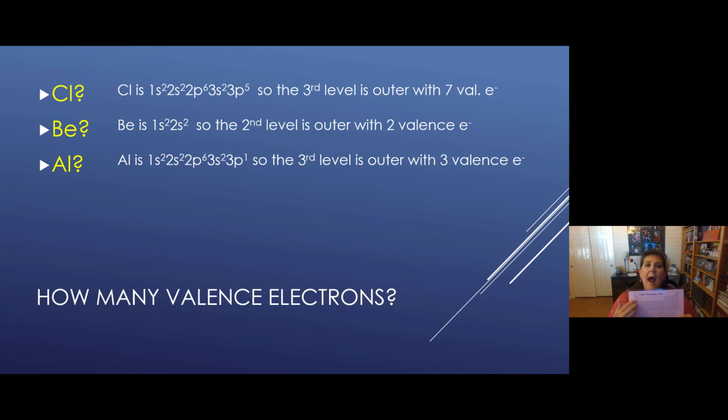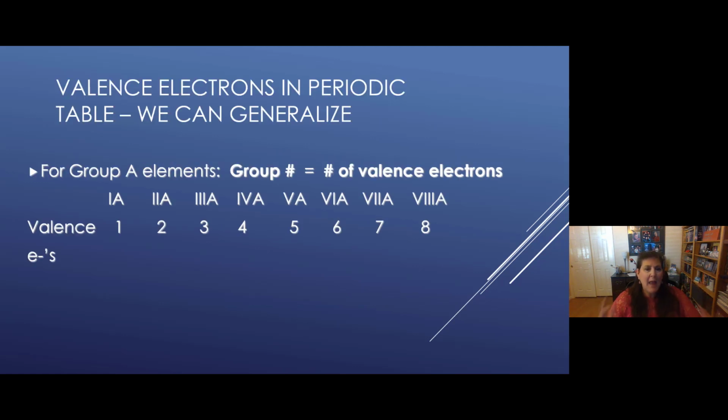So we can write out electron configurations, look at the outer level, and figure out how many valence electrons an atom has. Now that we know how to do that, I'm going to give you a shortcut. The valence electron count is also the column number for most of the atoms.